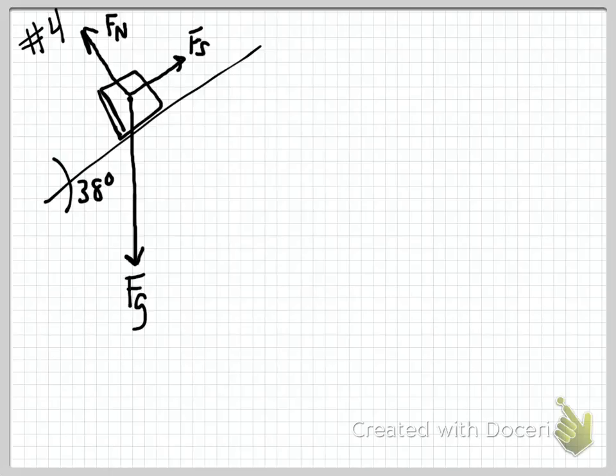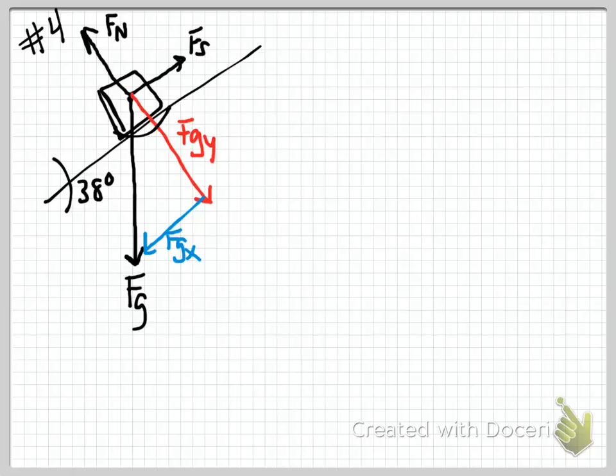Okay, so first of all, the normal force is only going to be equal and opposite. Here is F of Gy, and let's do F of Gx. So we've got gravity broken up into two distinct pieces.